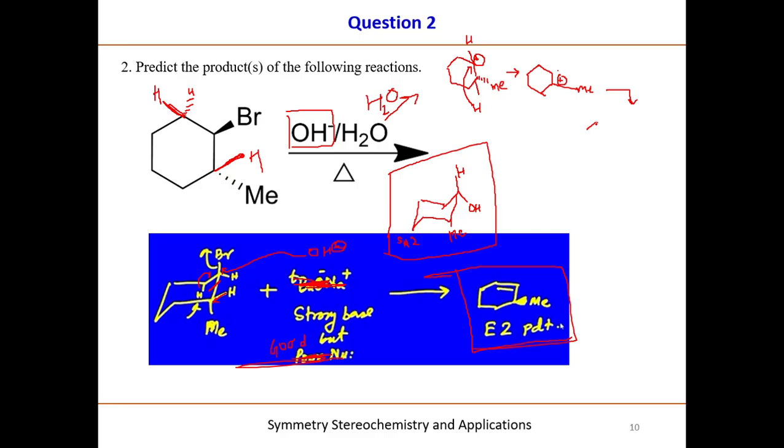The one is the front side attack, OH. Here both the possibilities are there.